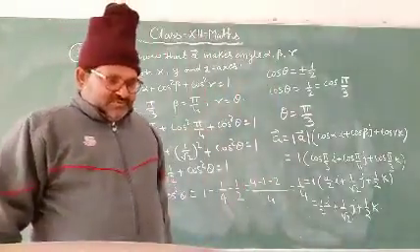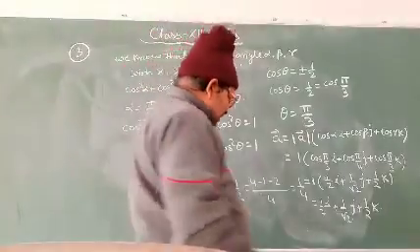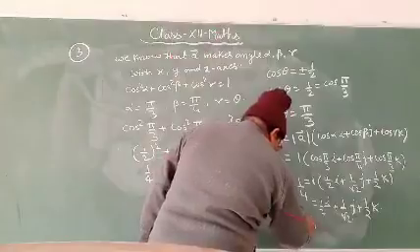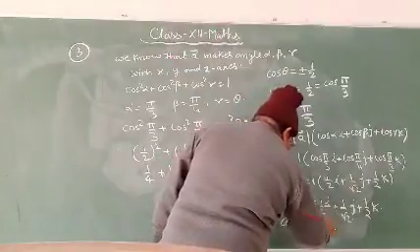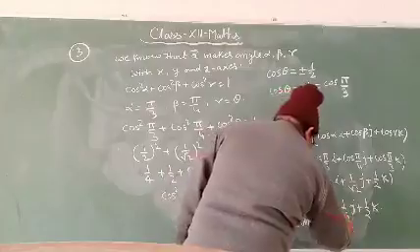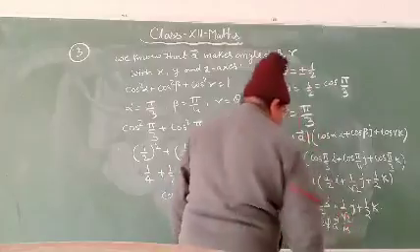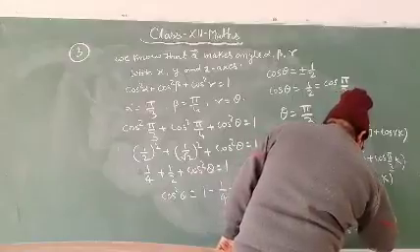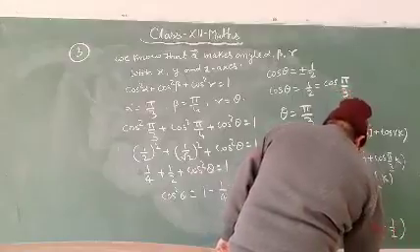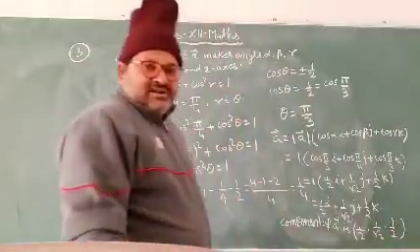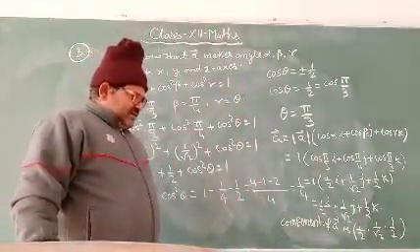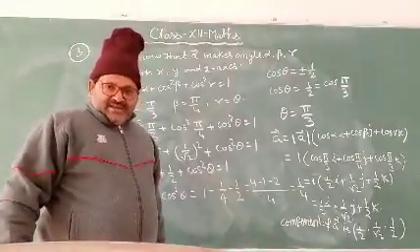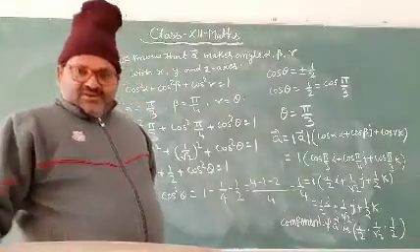This is the value of vector A, and the components of vector A are 1 by 2, 1 upon root 2 and 1 by 2. Clear? Okay, thank you.